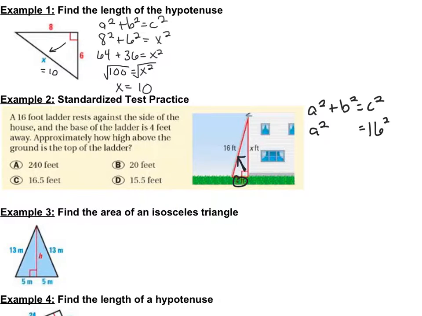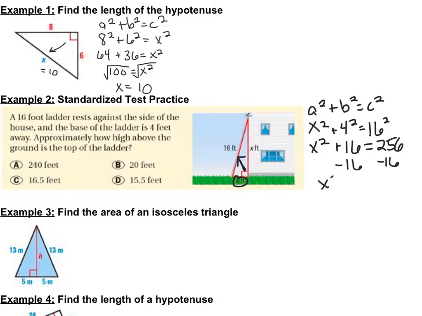I would say you do b squared, and you'll see why in a second. So that would be 4. We're trying to find, and technically they call it x, so we'll call it x. So x squared plus 4 squared equals 16 squared. So x squared plus 16 is equal to 256. Now again, the reason I chose to put 4 as b is so I could subtract 16 from both sides.